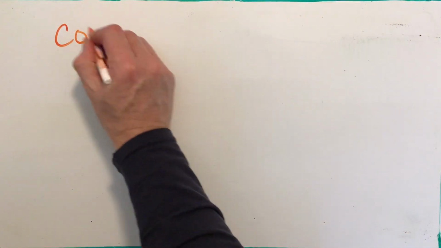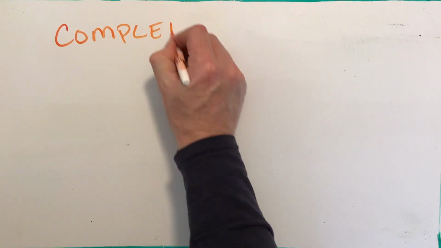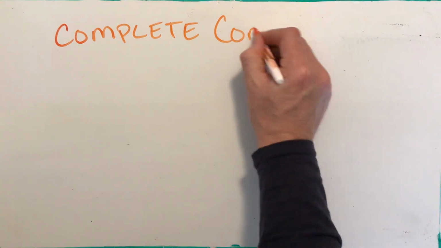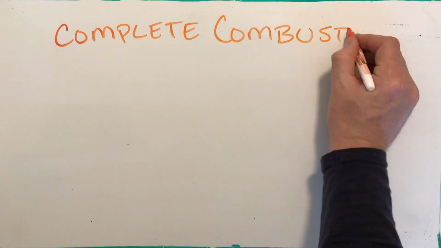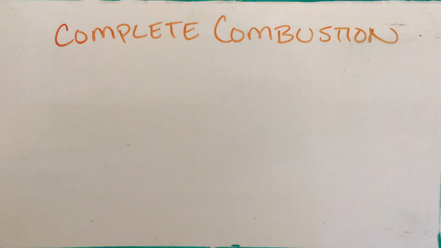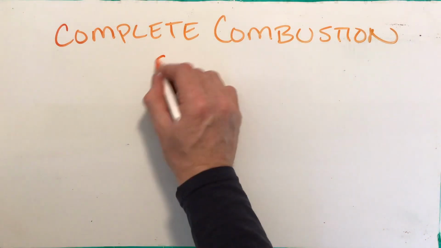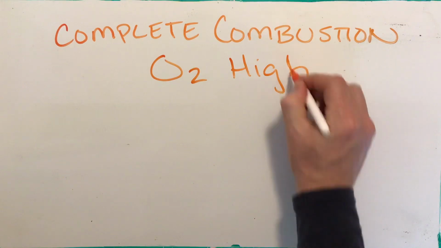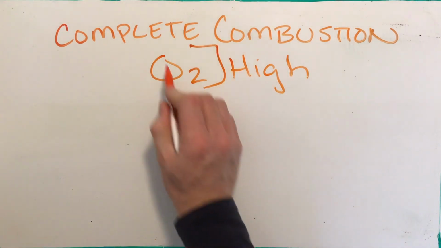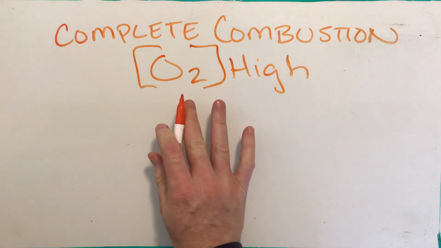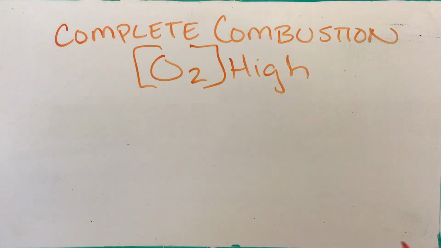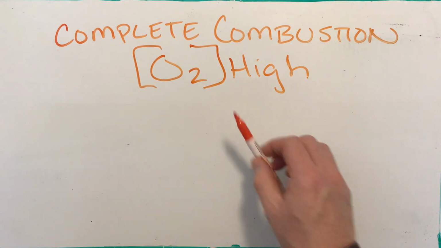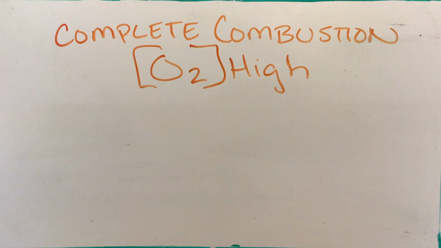If it is a complete combustion, it means that oxygen level is high. O2 is high, right? So I'll put square brackets around that. That indicates concentration. In a complete combustion, oxygen levels are high, the fuel totally combusts, and you only get the two products, carbon dioxide and water.